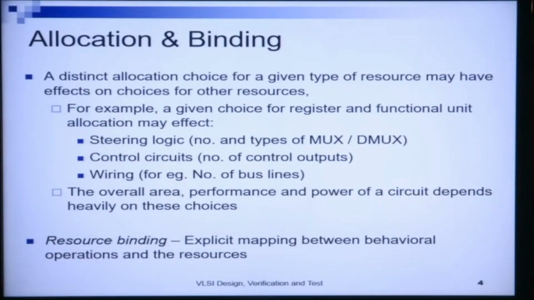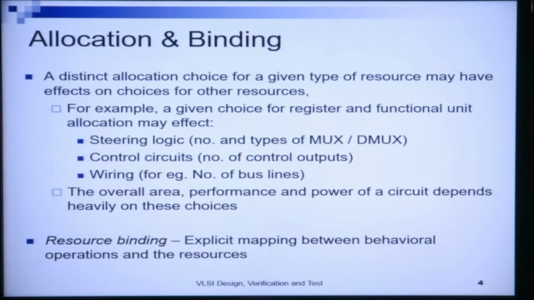Given a particular allocation of the registers and a particular type and number of functional units, your steering logic, that is the numbers and types of muxes and demuxes, will depend on it. What will these muxes and demuxes do? Muxes arbitrate write accesses to functional units and registers. On the other hand, demuxes arbitrate read accesses from functional units and registers.